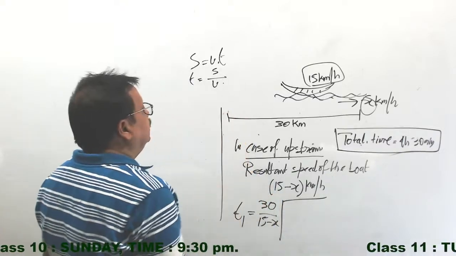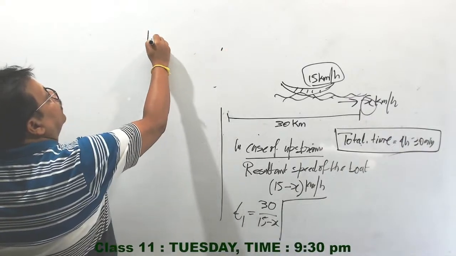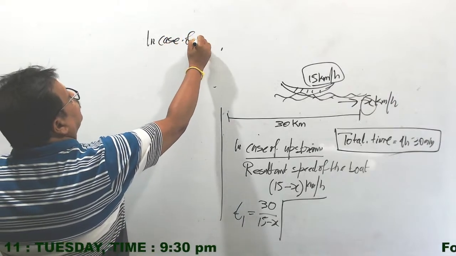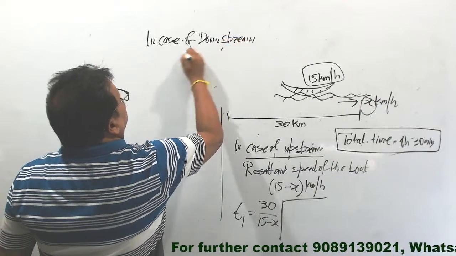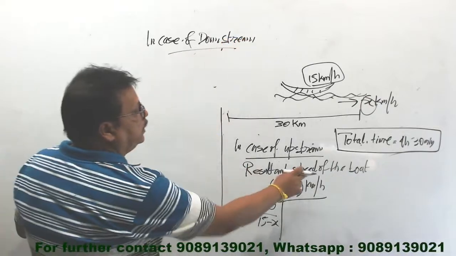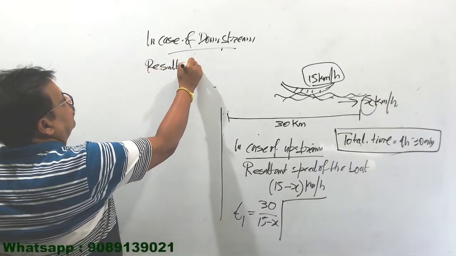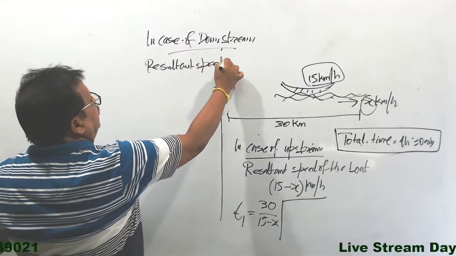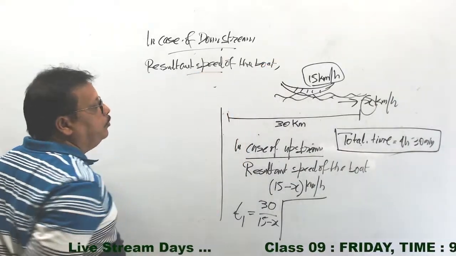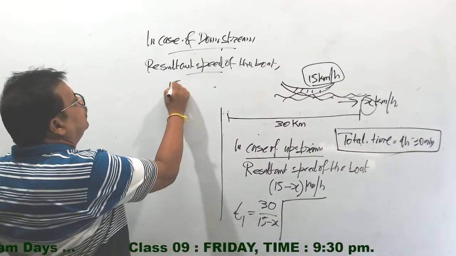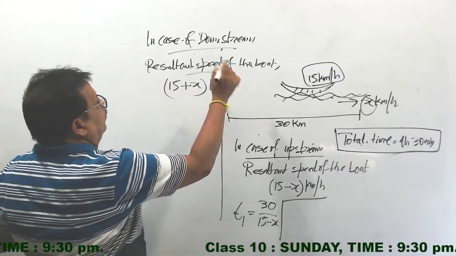Now, in case of downstream, the resultant speed of the boat will be 15 plus x per hour.